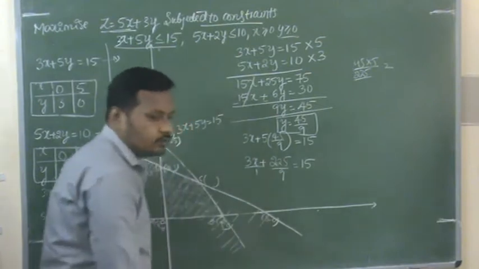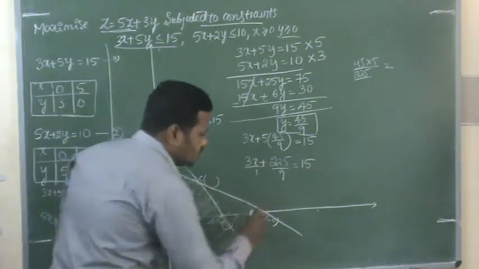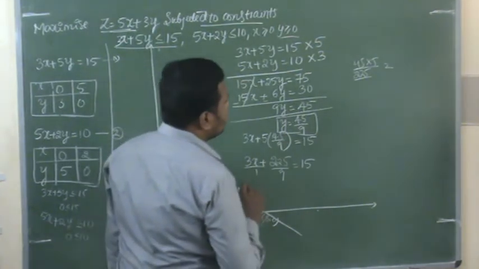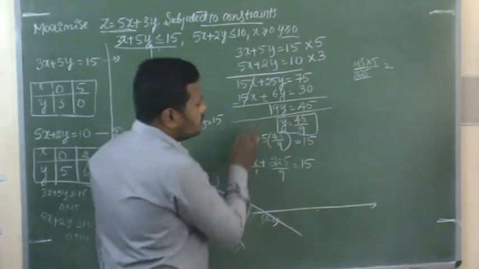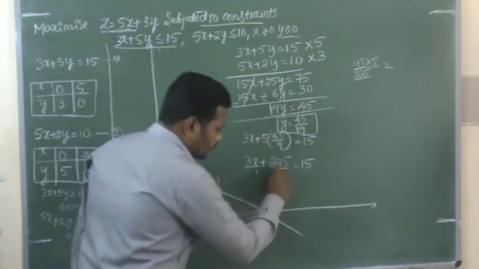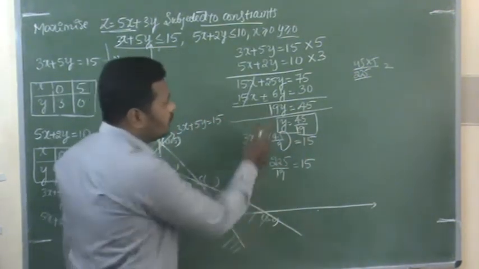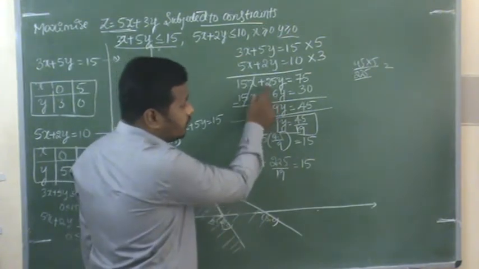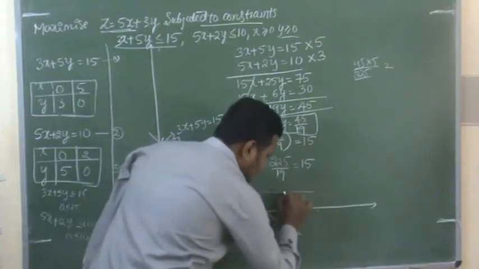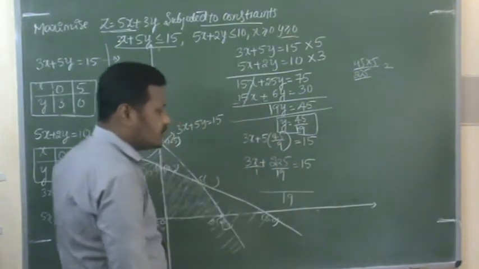Taking the LCM. Sorry, this is 19. I'm solving 25 minus 6, which is 19. Next, taking the LCM, 19 is the LCM.